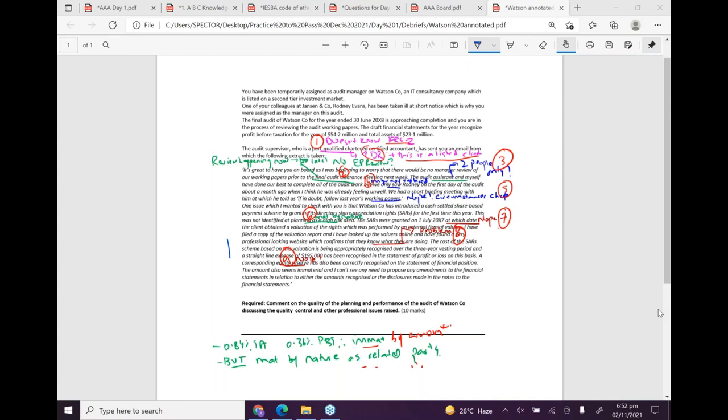Remember, before relying on the work of an expert, you need to get a copy of their report and evaluate the assumptions, methodology, etc. as well. So if you didn't do that, then that ultimately means you cannot gather sufficient appropriate evidence.